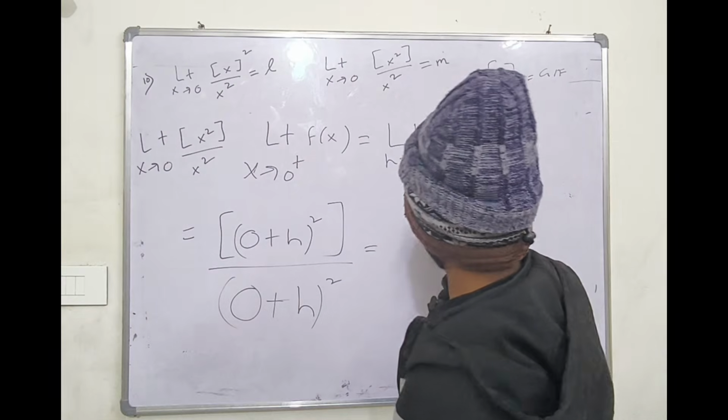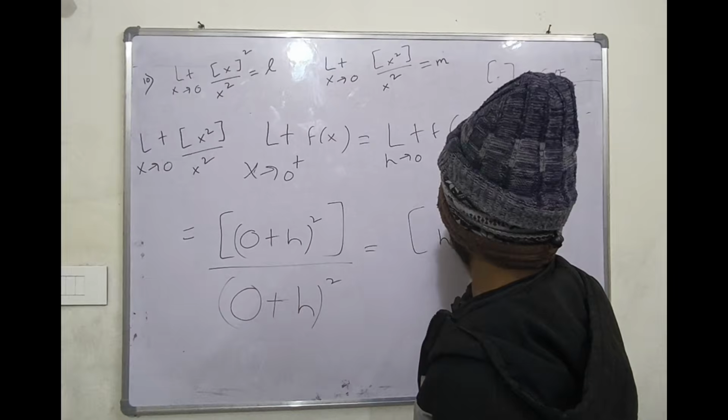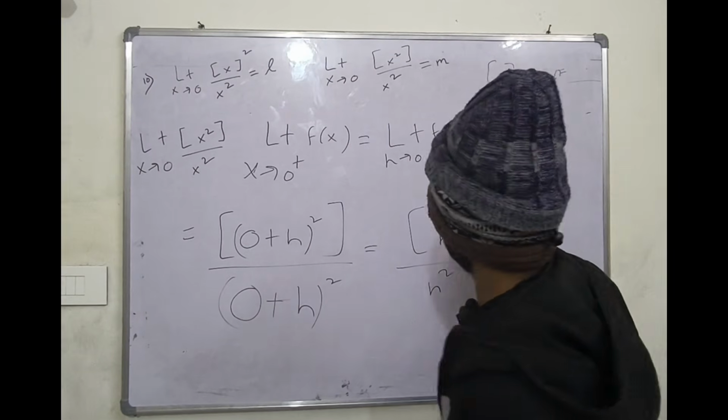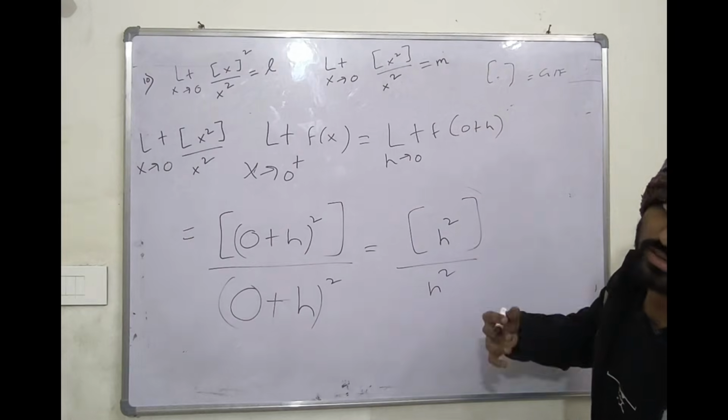Again h square is positive, step of h square by h square. H square is positive and between 0 and 1.